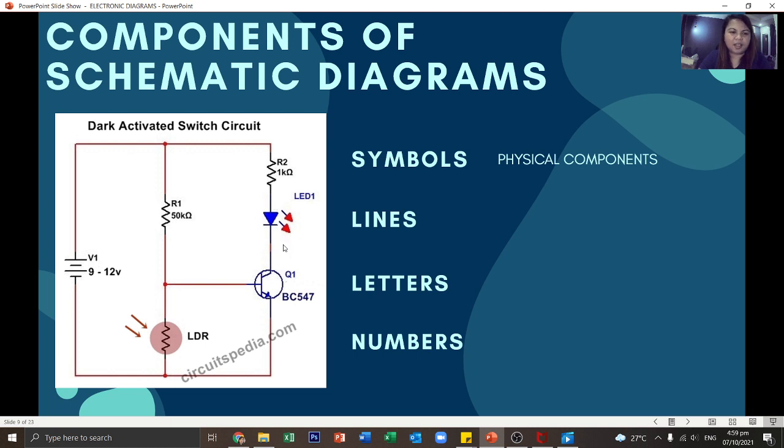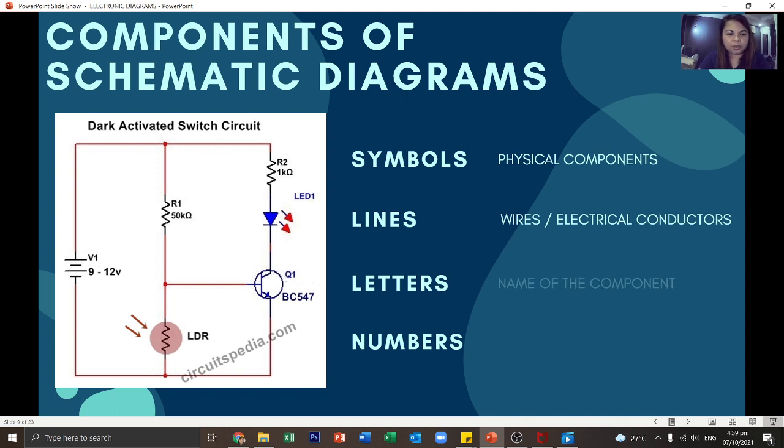Yes, this is an LED. There are also lines in the schematic diagram. What do they represent? They represent wires or electrical conductors, so any conductive material that allows the flow of current. So here, the lines are representing the wires. Okay, what else?